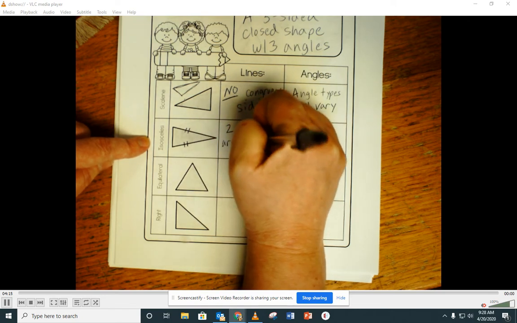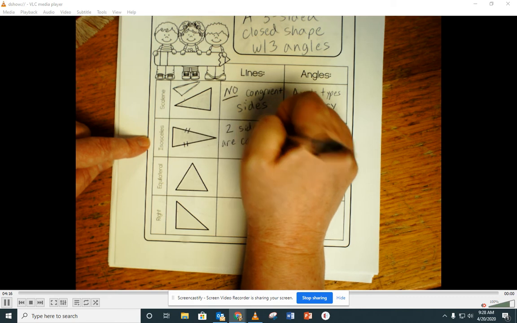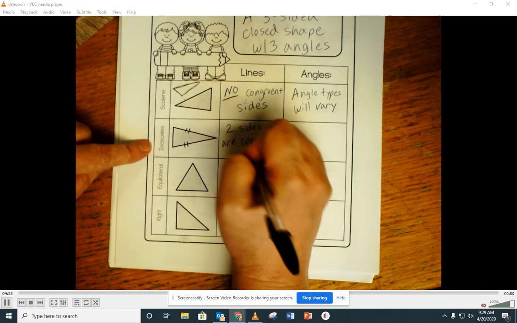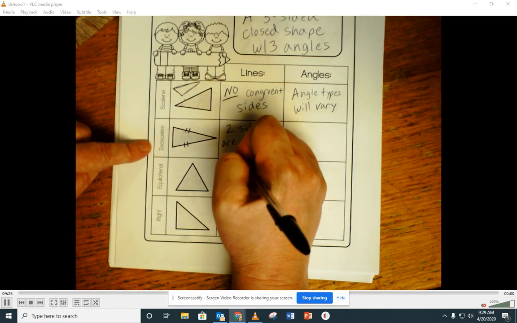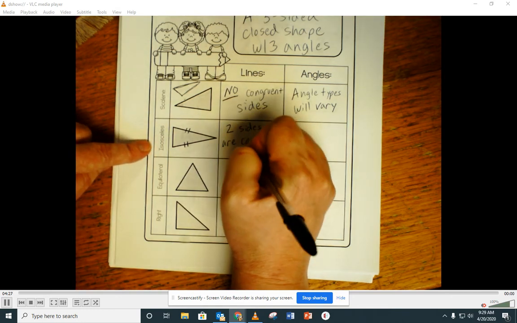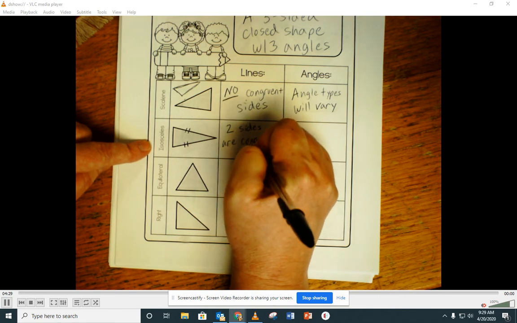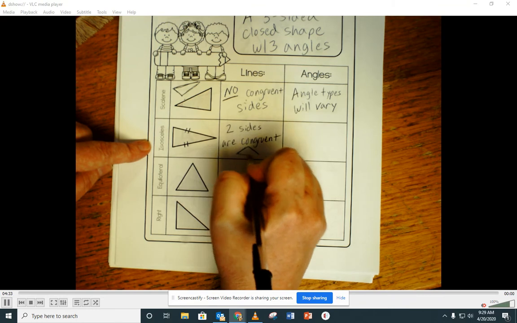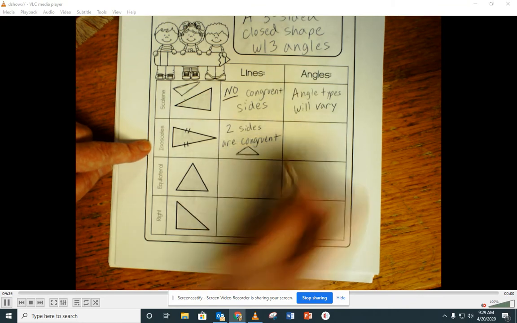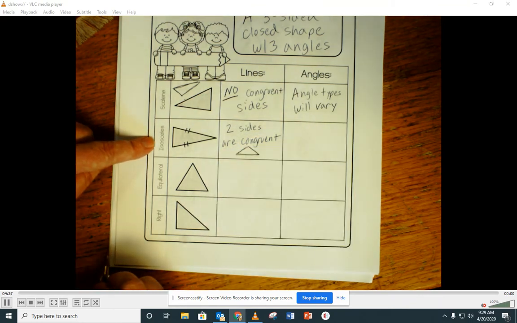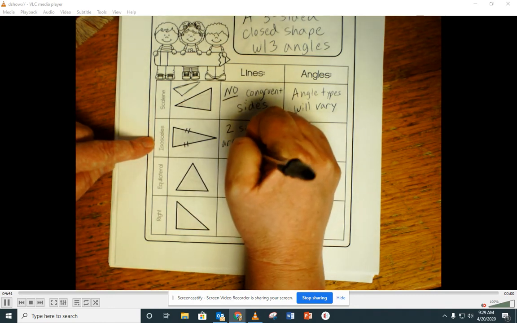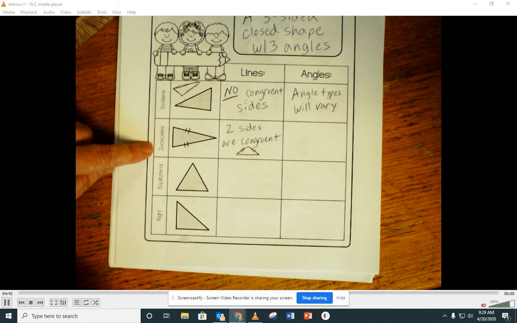And remember, congruent means identical. So isosceles triangles often look like this, but as long as two of the sides are the same, then they can look all different ways too. So if these two sides are the same, then that's an isosceles triangle also, as long as two of the sides are the same length.